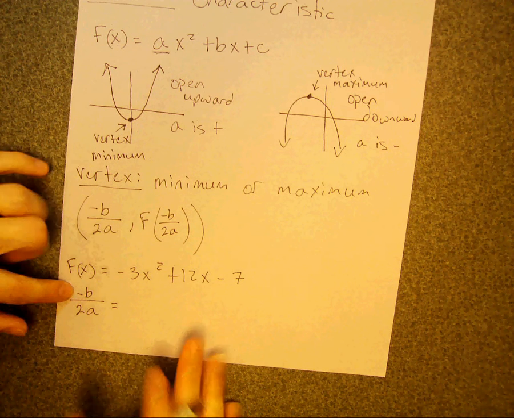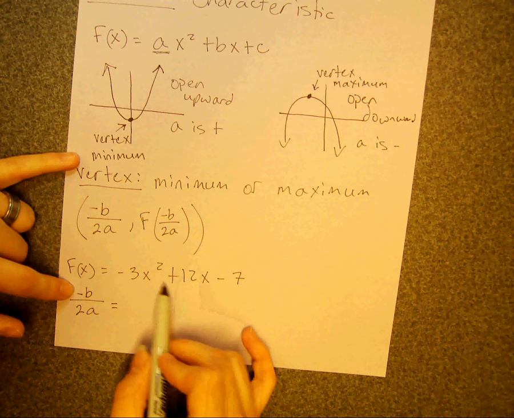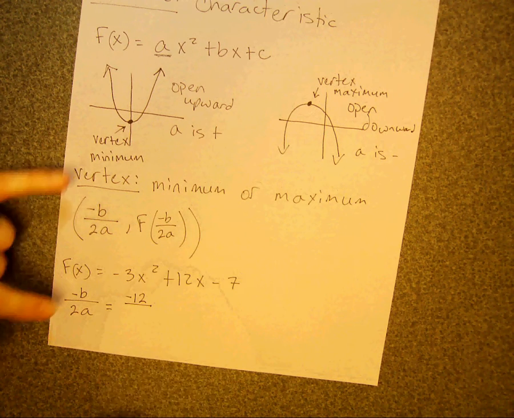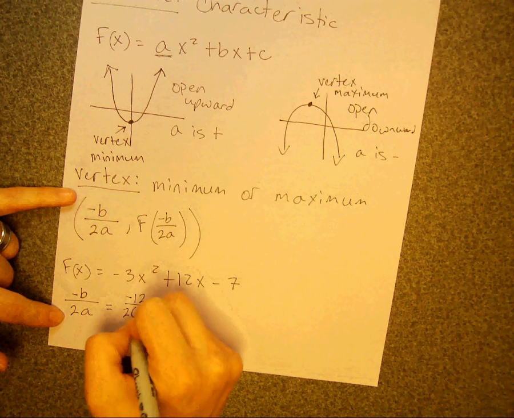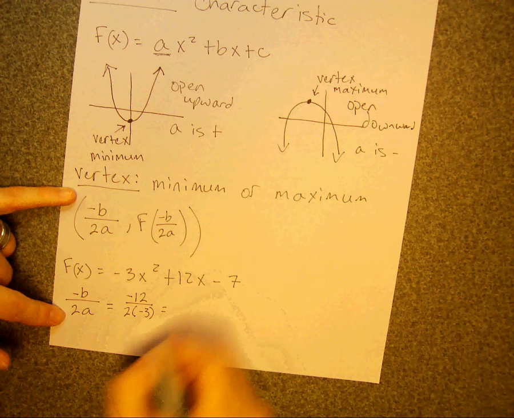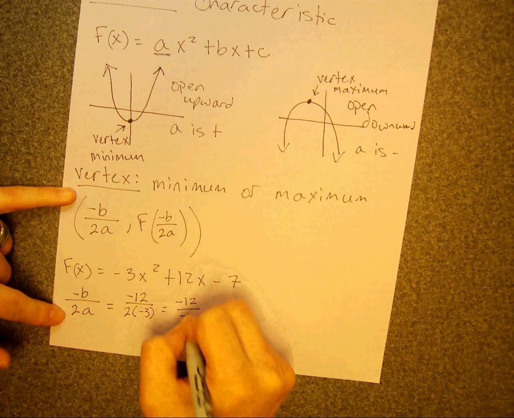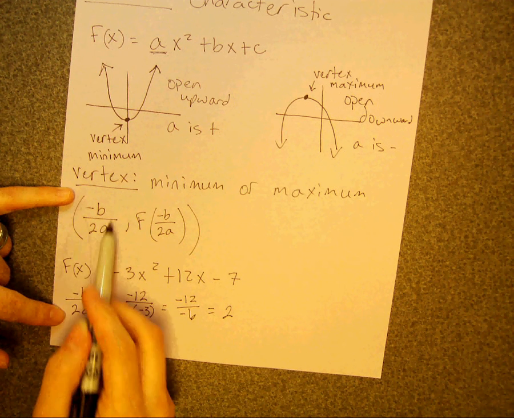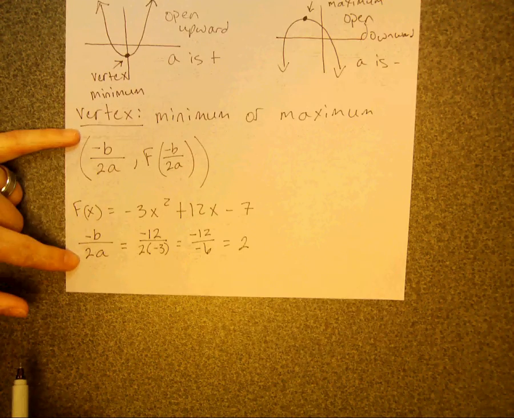So negative b just means the opposite of the number in front of x. I have positive 12, so that'll give me negative 12 over 2 times my leading coefficient, which is negative 3. So I get negative 12 over negative 6, which is positive 2. So that gives me the x value of my vertex.